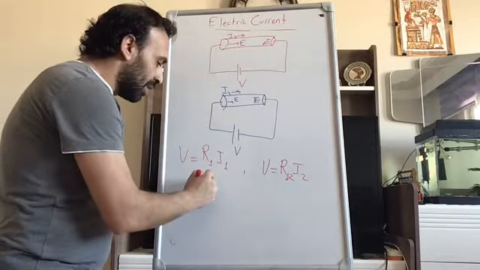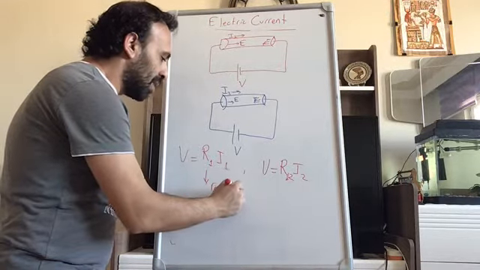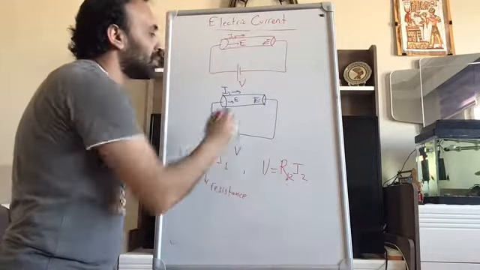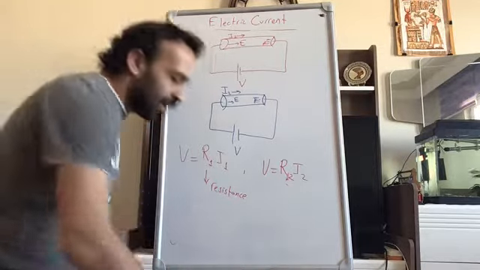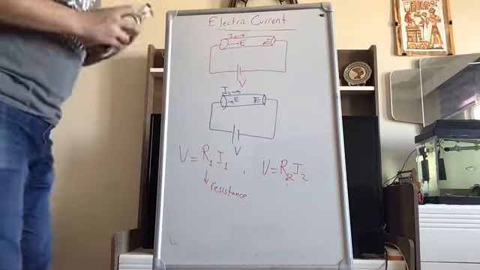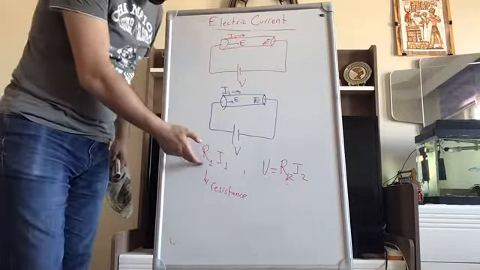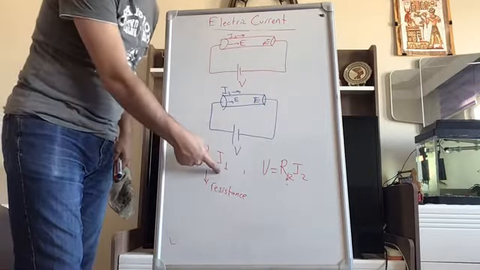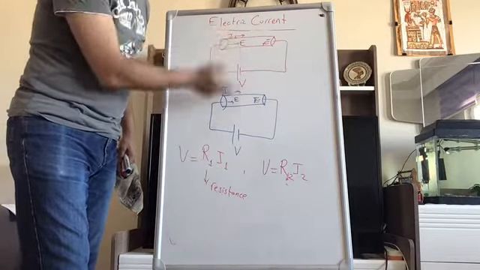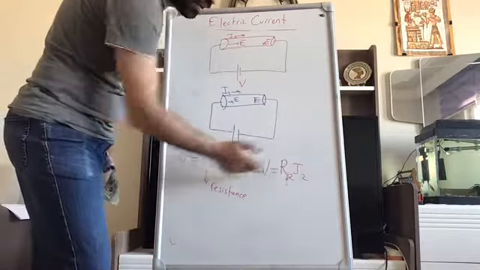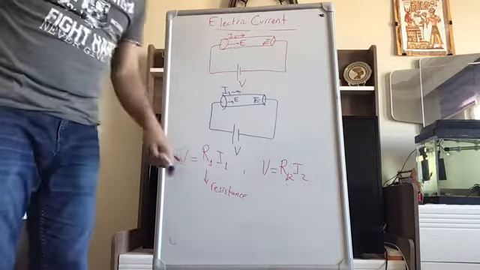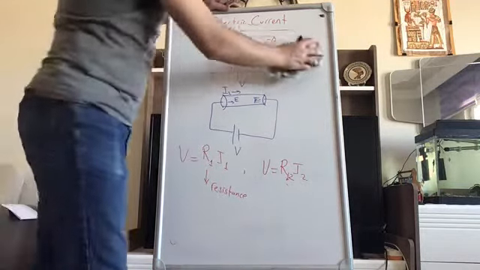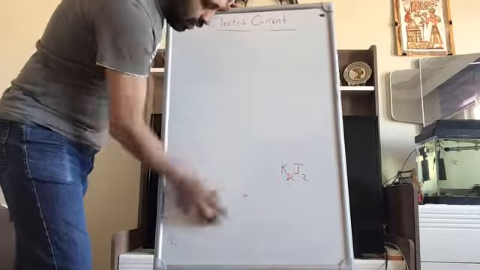So we call this the resistance of the material. This R1 is the resistance of the first material, and this R2 will be the resistance of the second material. So then we can measure the resistance of the material by applying some electric potential difference and measuring the current we obtain. With different materials, we are going to obtain different currents, and the relation between the electric potential and currents is provided by the resistance of the material.